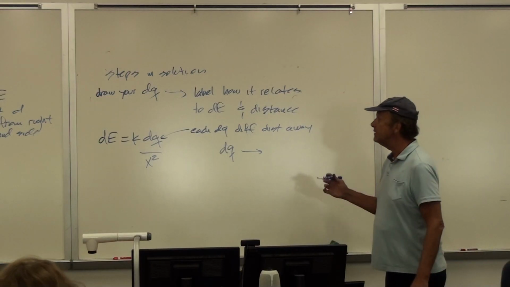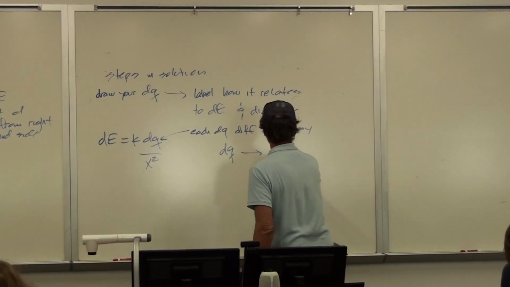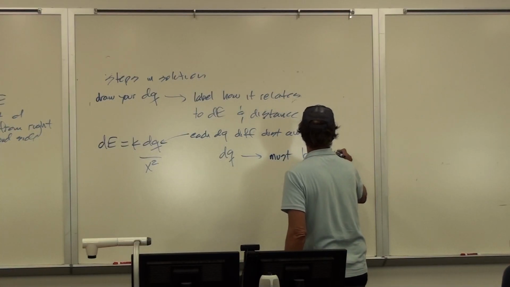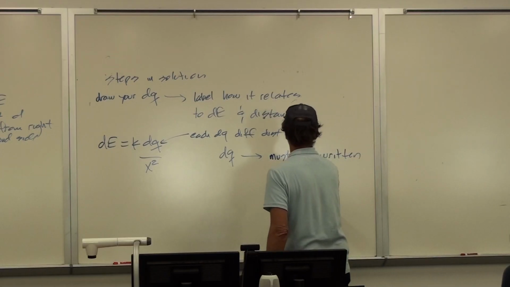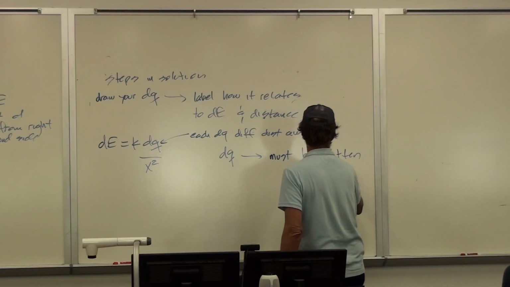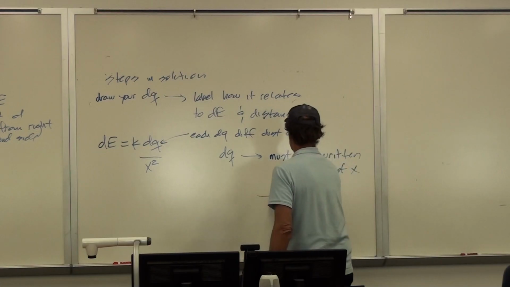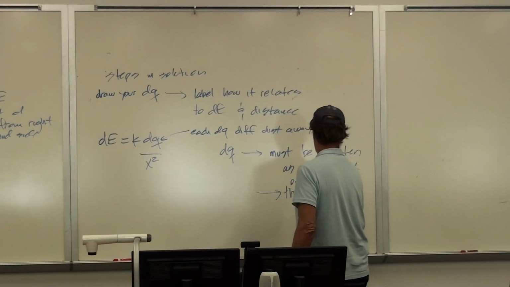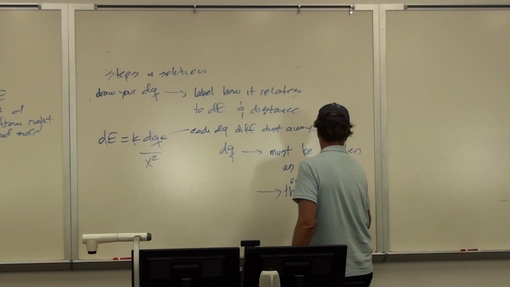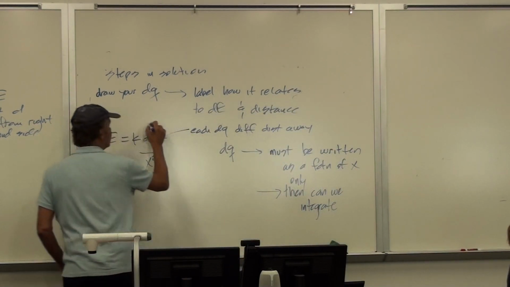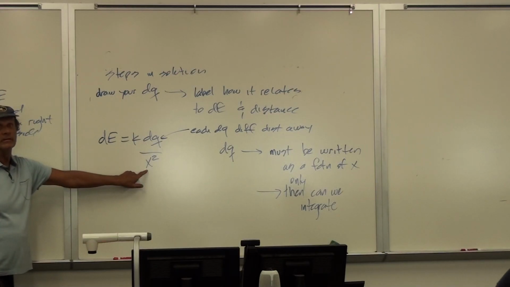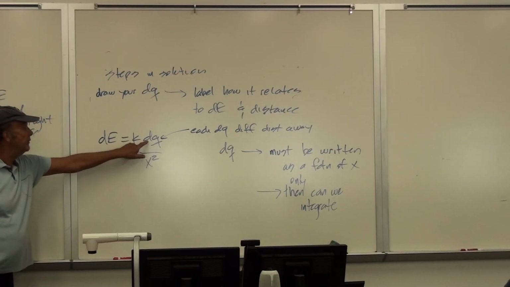So we want this as a single integral, so dq must be written as a function of x. And then we can integrate. Only then. We could get away with not doing that in the last problem because dq wasn't a function of the distance, but now it is. So now we've got to do this.